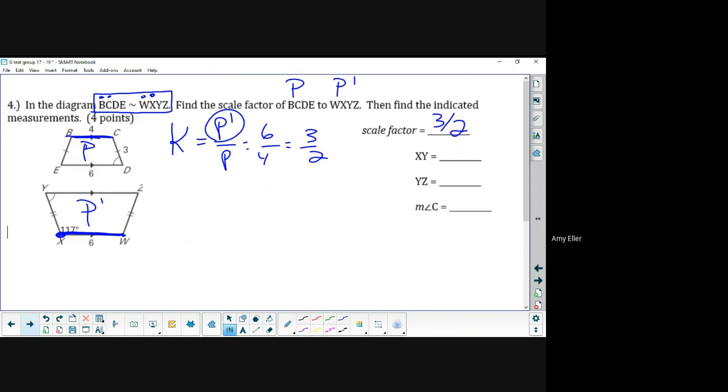Now let's find XY. Since I already have two sides I've compared, let's use those. I already know those go together. And I want to now find XY. Here's XY, that must go with CD.